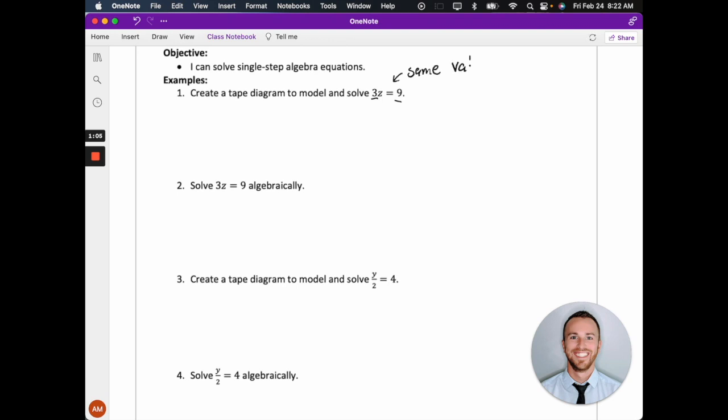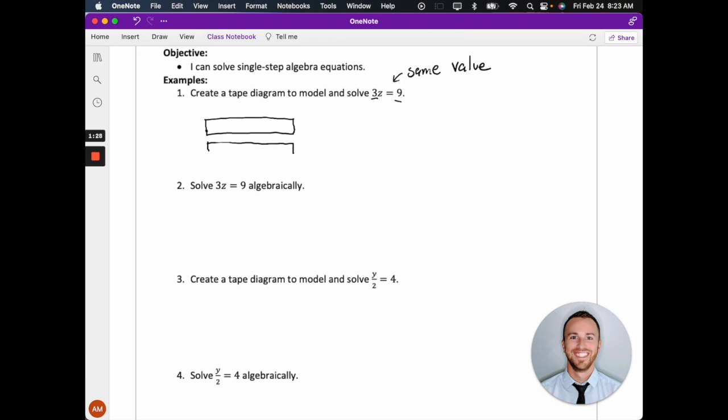When we think about those being equal, I'm going to start by drawing two boxes, one that represents 3z and one that represents 9. They're both going to be the same because 3z is equal to 9. So I'm going to draw one box here, and then the other one is going to be the exact same thing.